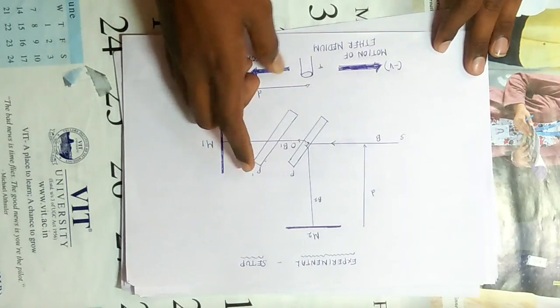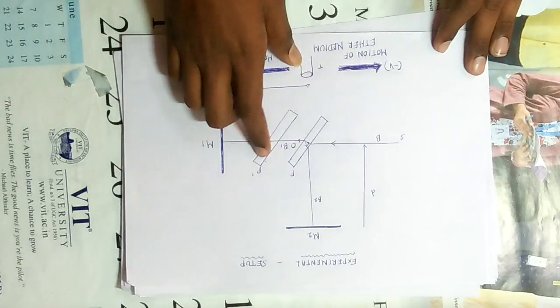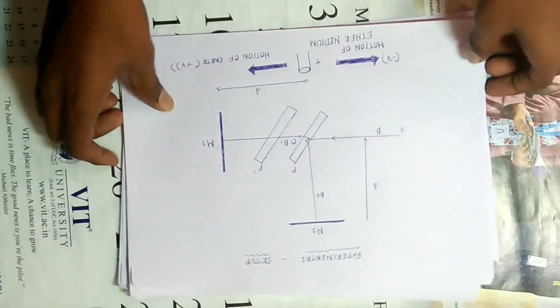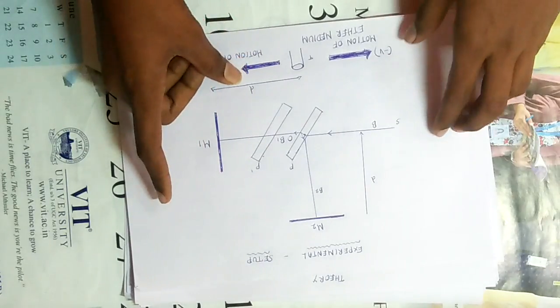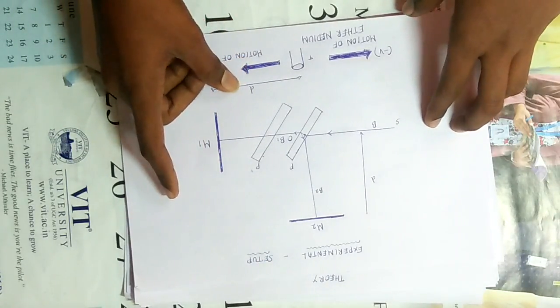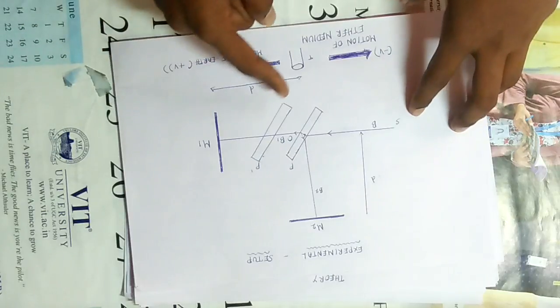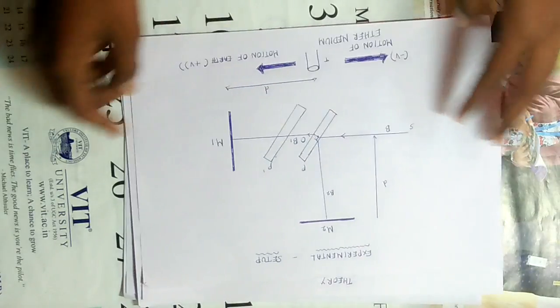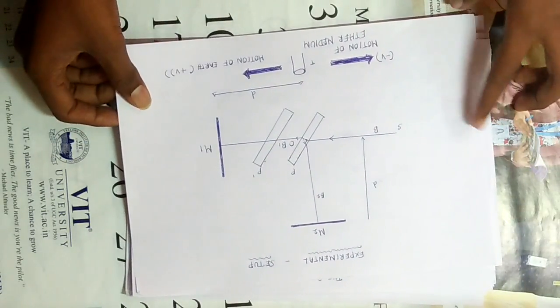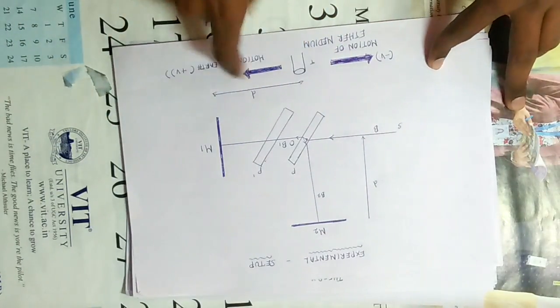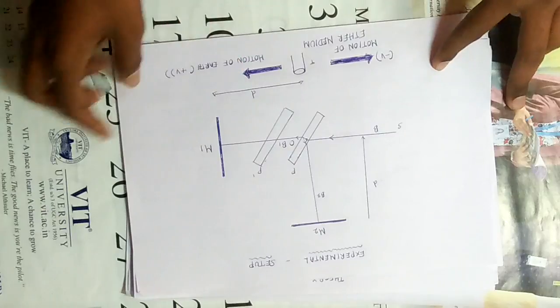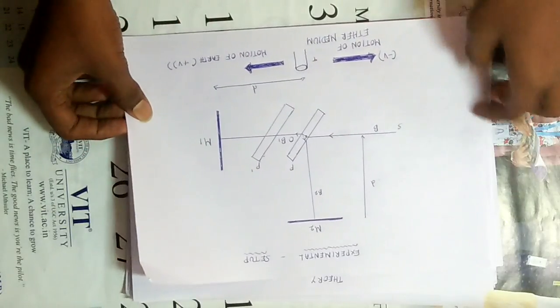P dash is identical to plate P, and the entire experimental setup was placed on a stone slab which was kept floating on the surface of a bath full of mercury. The direction of the beam of light from the source is kept parallel to the motion of the earth. That's all about the experimental setup.